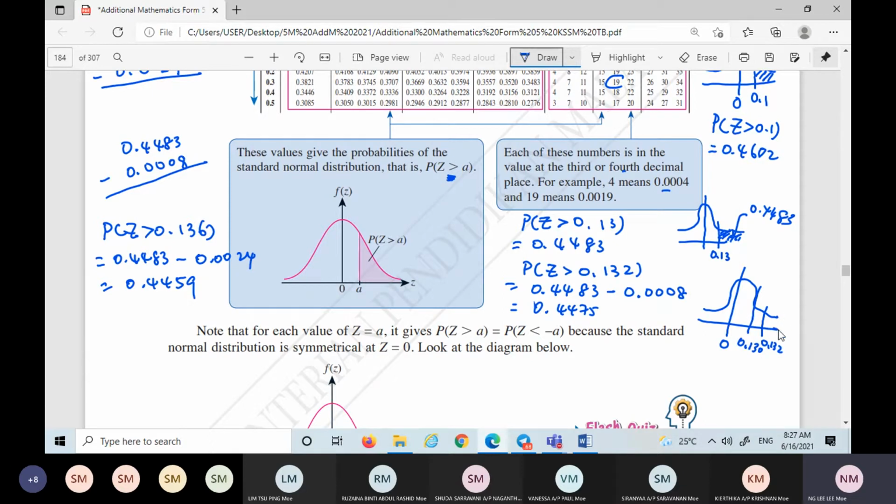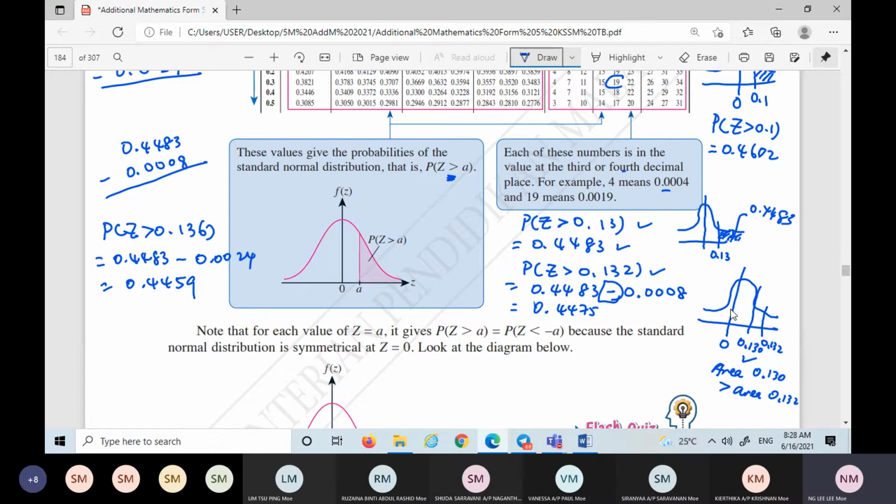If you look at the area, which one will be bigger? The area is from that line towards the right hand side. The area for 0.130 is bigger than the area for 0.132. Therefore you have to minus. This is the reason.